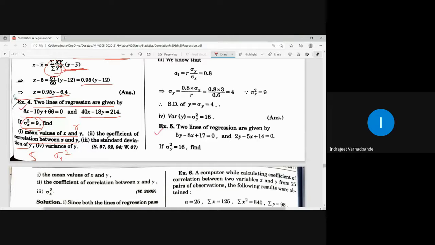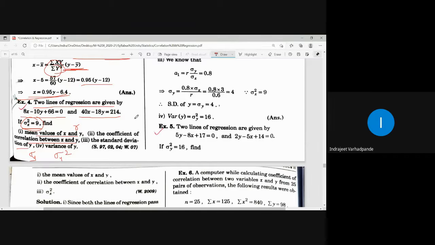In the previous problems, we were very clear that the formula y minus y bar is equal to summation xy upon summation x square into x minus x bar represents y on x. Similarly, the other formula will represent x on y.